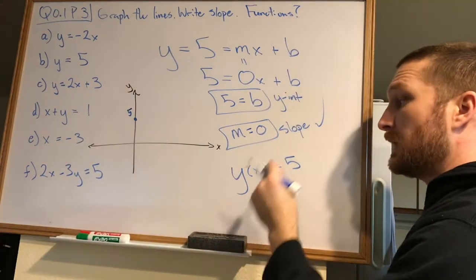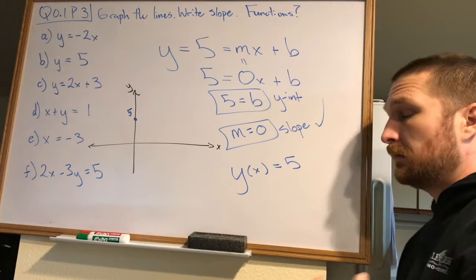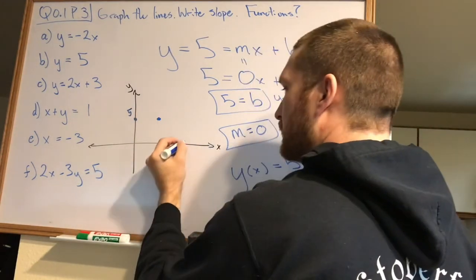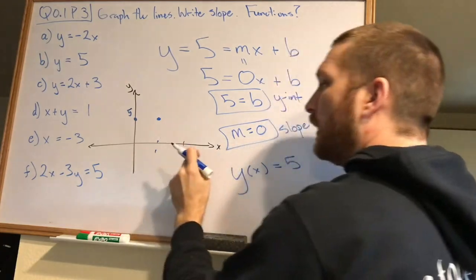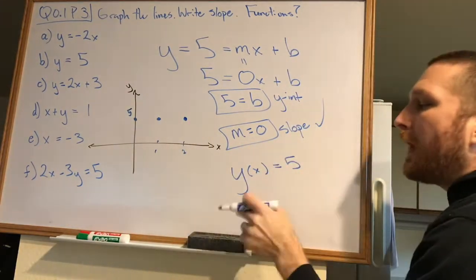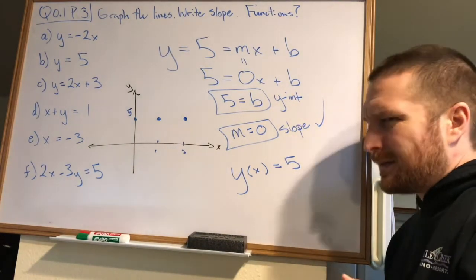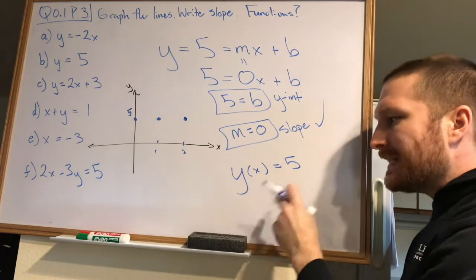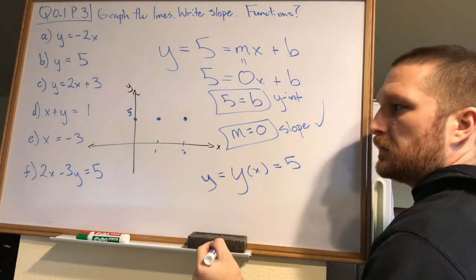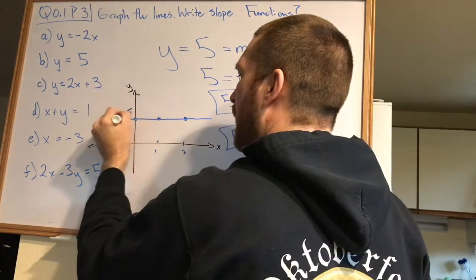When x is 1, I plug in a 1 and get out a 5. When x is 2, I plug in a 2 and I get out a 5. In fact, all x values that you could plug in, sounds weird, right? But y is equal to 5 for all of those values. And so really, this is just a horizontal line, like that.